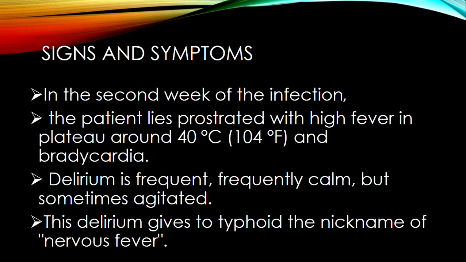The fever continues to be present and can even increase from 38 to 40. So the patient has a classical fever pattern. The patient may also be delirious. Delirium is frequent. The patient may look calm, but sometimes agitated. This delirium gives typhoid the nickname of nervous fever.